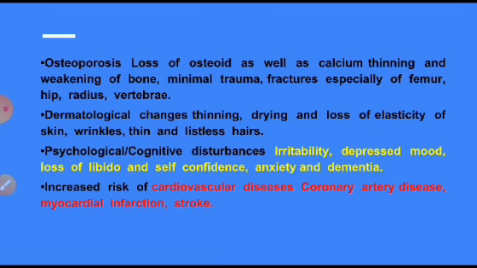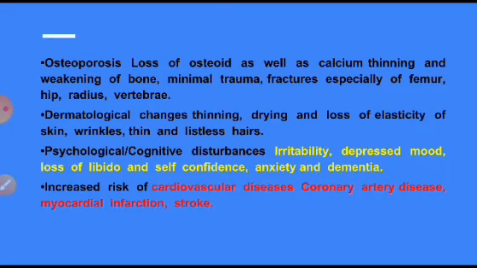So in all these conditions, hormone replacement therapy can be done, or estrogen can be given in various modes. Increased risk of cardiovascular disease, coronary artery disease, myocardial infarction and stroke.